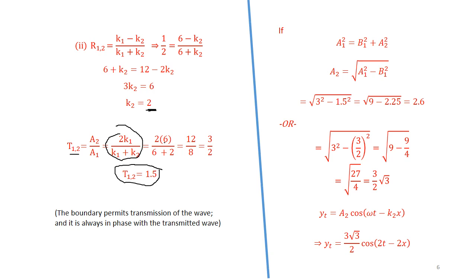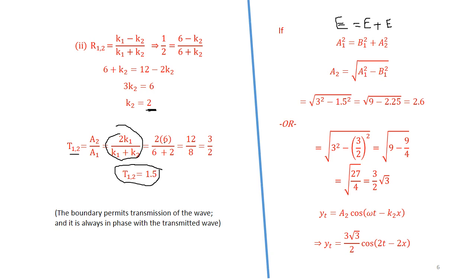I now obtain the amplitude for the transmitted wave, which, remember, we said that if E in the first medium is equal to E in the second medium, and in the first medium the E will be the energy of the incident wave, and here we have the energy of the reflected wave plus the energy of the transmitted wave, and E is related to the amplitude as E is proportional to the square of the amplitude.